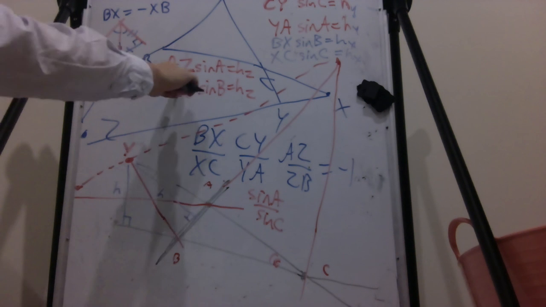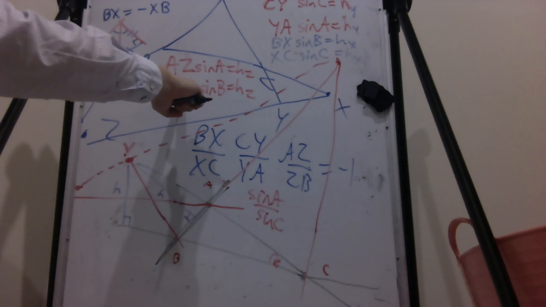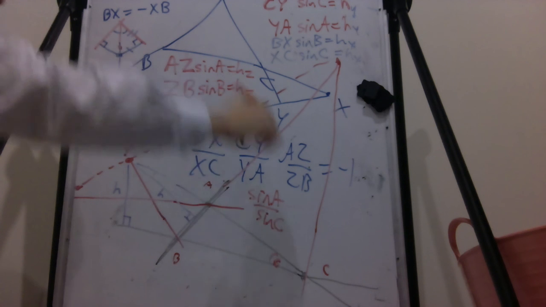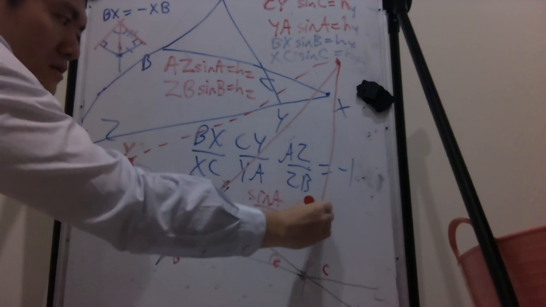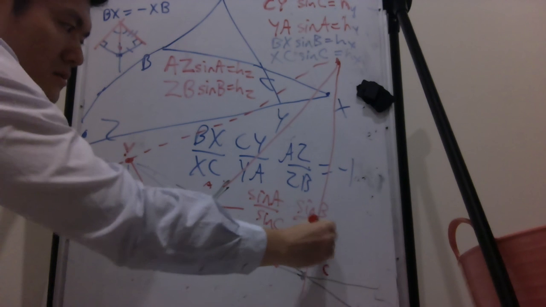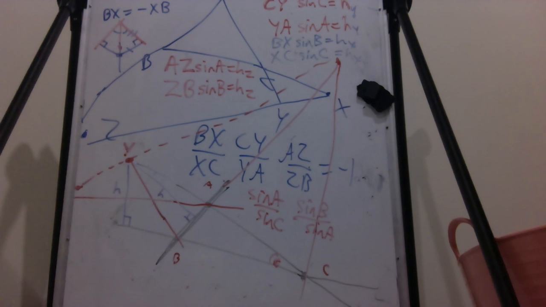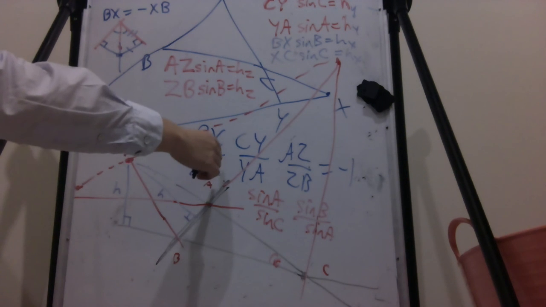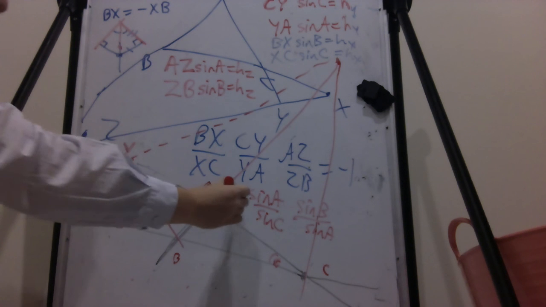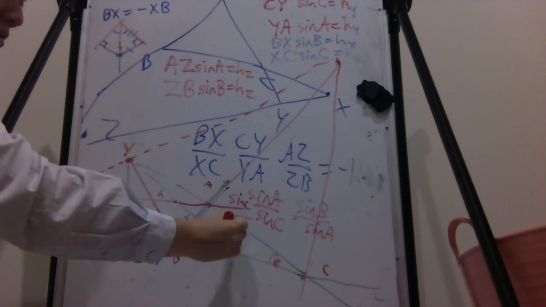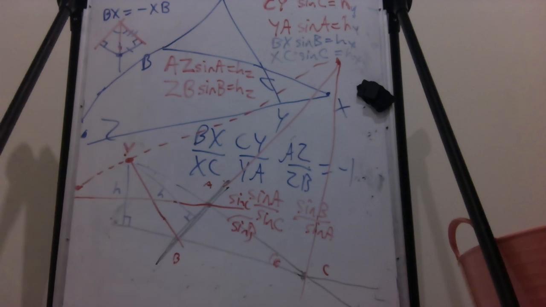So if you divide these two, AZ by ZB, you get sine B on sine A. And if you do BX on XC, you get sine C on sine B, yeah? And so they all cancel out.